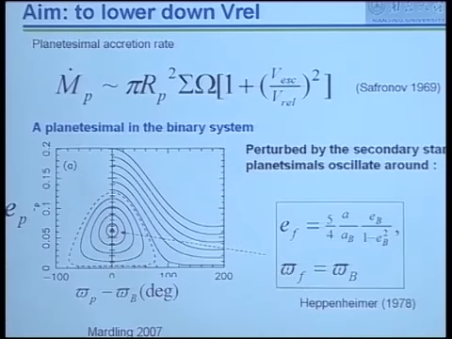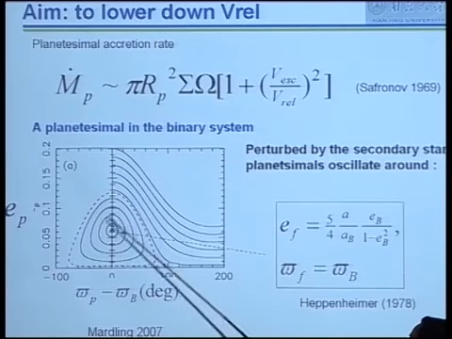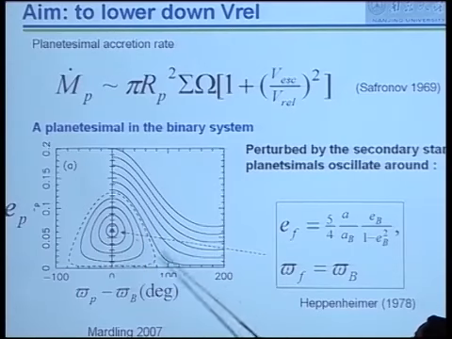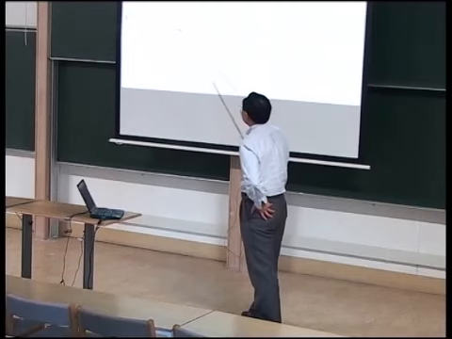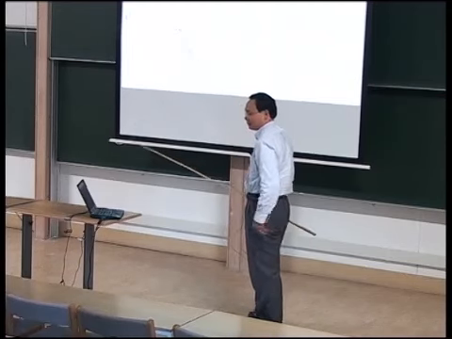So basically, a planetesimal will circularize or librate around the equilibrium solutions, like here. This is the case without any gas.